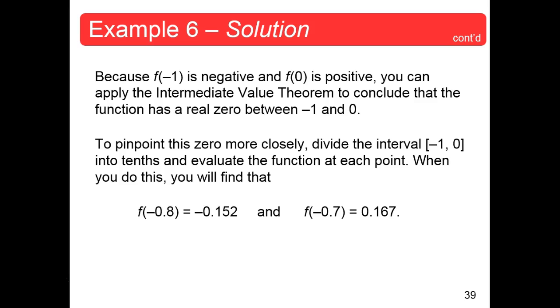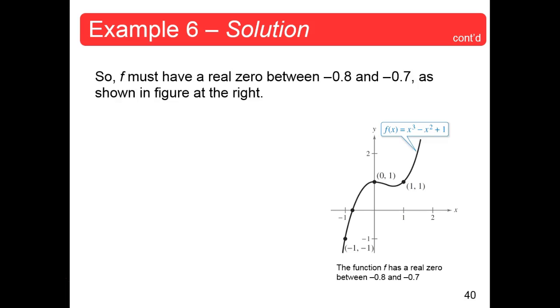They just magically go to negative 0.8 and negative 0.7 because they knew the answer, and they found out this one's negative, this one's positive. I think we got those same answers. We may not have done negative 0.7. So then you go to something in between those. So you have to have a real 0 between negative 0.8 and negative 0.7.